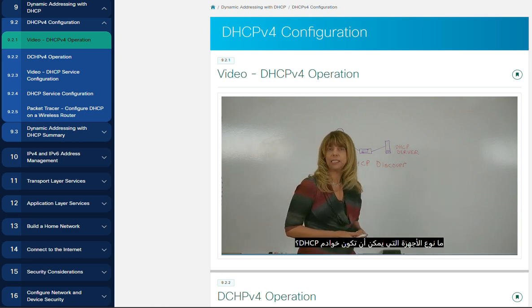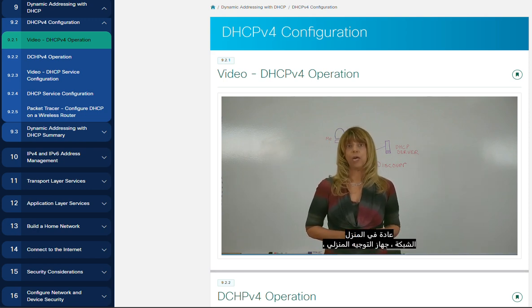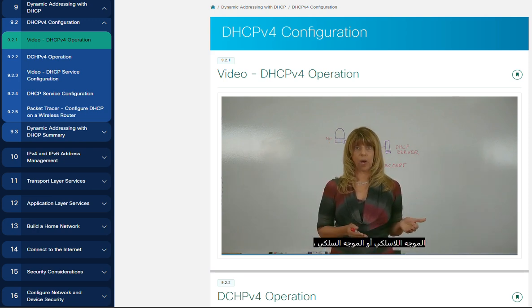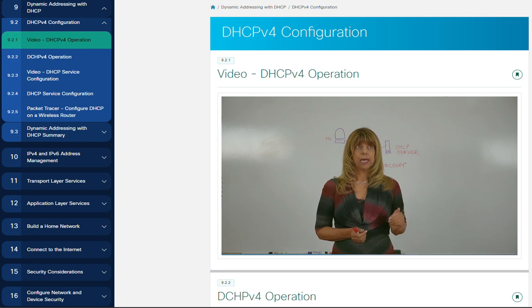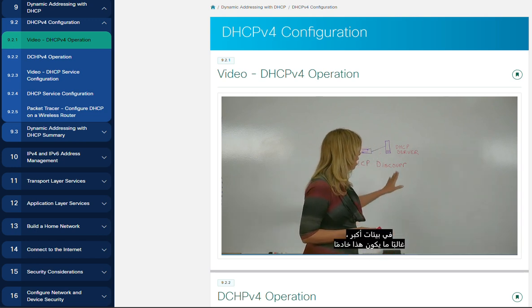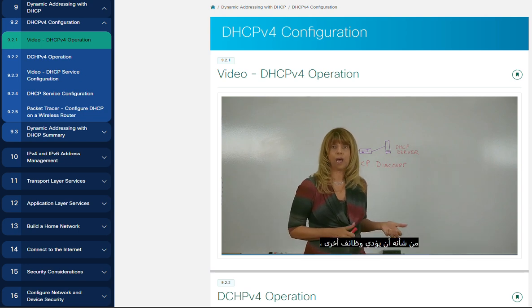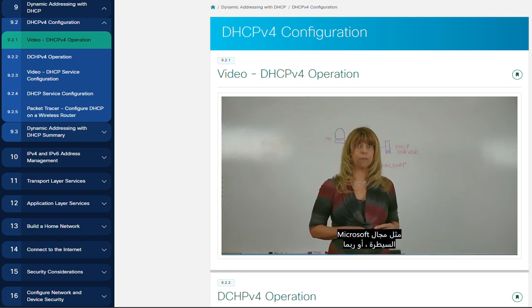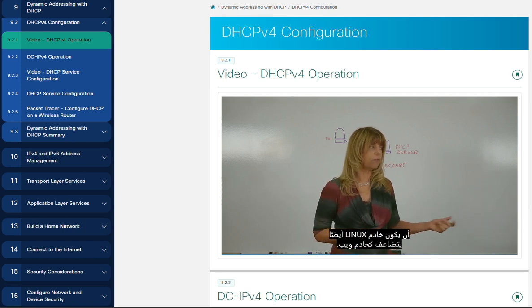What kind of devices can be DHCP servers? Well, typically in a home network, the home router, the wireless router or the wired router, is configured to give out DHCP. In larger environments, often this is a server that would be doing other functions like Microsoft domain controlling, or it might be a Linux server that also doubles as a web server.